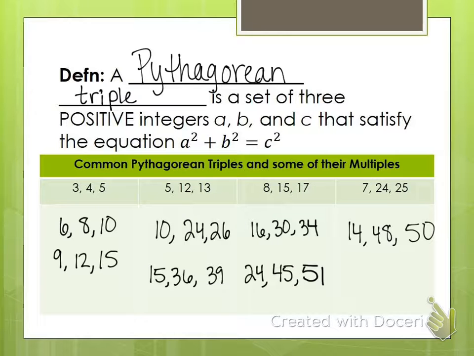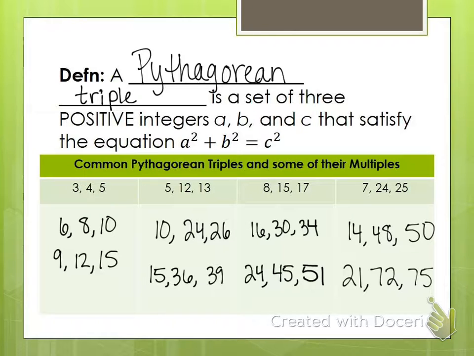The next one really shouldn't be bad. 7 times 3 is 21. And 25 times 3 is 75. Should we do 4 too? No. Oh, fine. Okay, so all of these are Pythagorean triples.